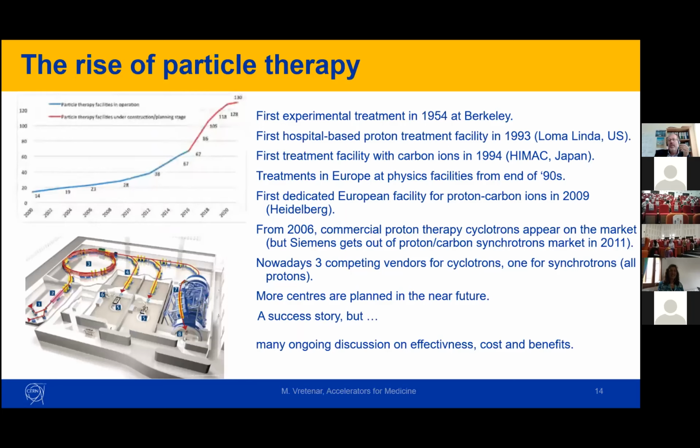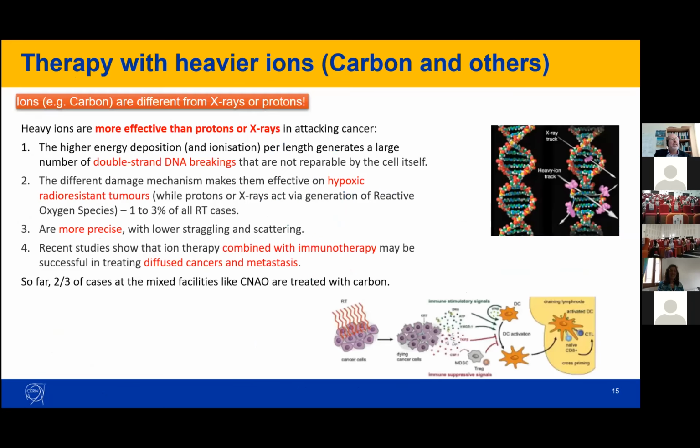I only want to comment that there's been a big increase in the use of particle therapy in recent years, but there is much less growth around the world with ion therapy because of the cost and the dimensions of ion therapy accelerators.